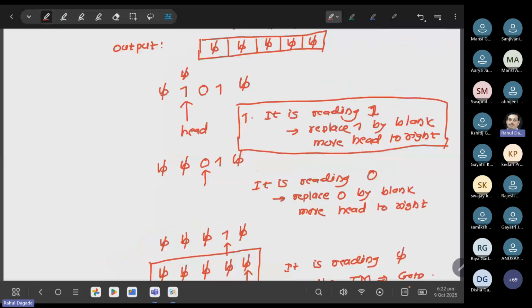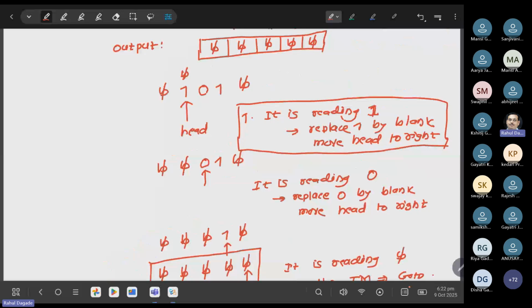Halt state. And when we read the input blank, we don't change blank to anything, so no change is required, and we keep the pointer stationary, that is, no movement. So we are keeping blank as blank with no movement of the pointer.